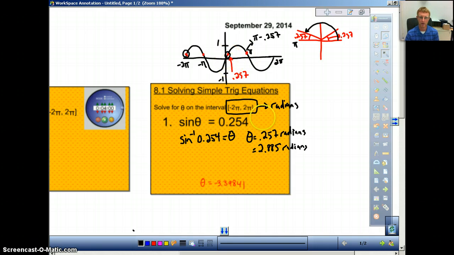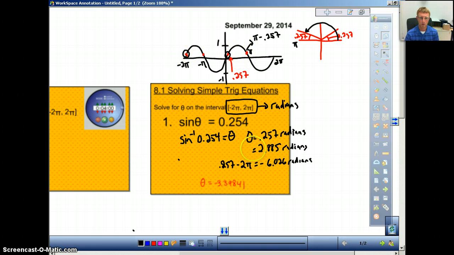So we can take 0.257 minus 2 pi, and we will get negative 6.026 radians. Sorry, I apologize, I said that wrong. We get that by doing 0.257 minus 2 pi, because we're going 2 pi in the left direction.